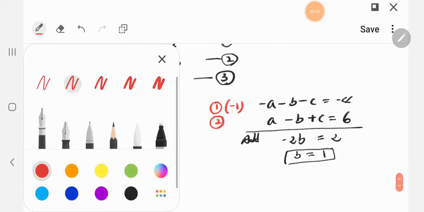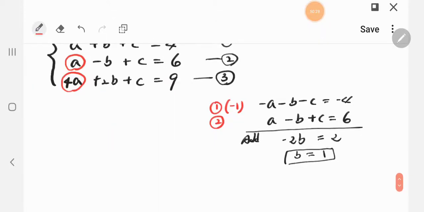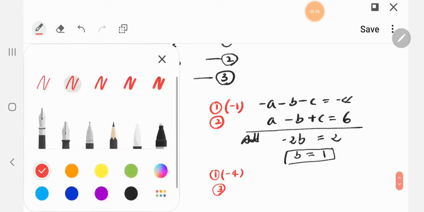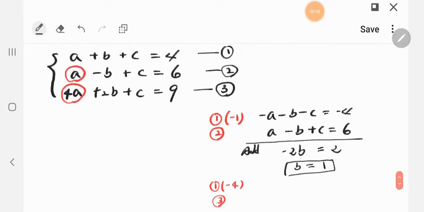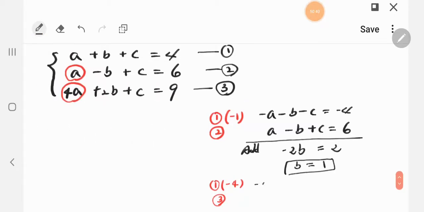Okay, and then we will get rid of this 4a using the first equation. So multiply the first equation by negative 4, then add it to the third equation. So negative 4a, negative 4b, negative 4c equals negative 16.